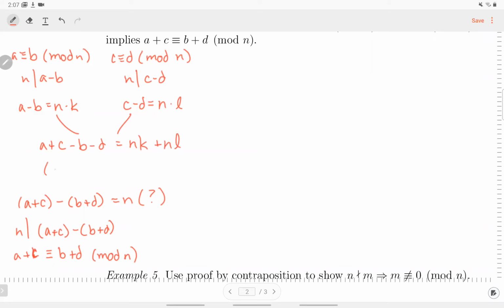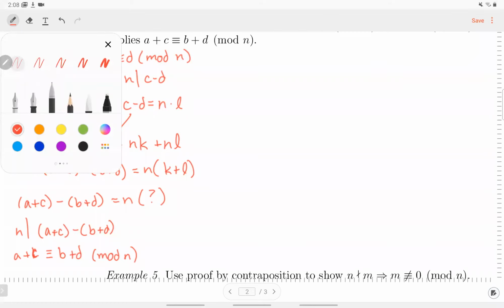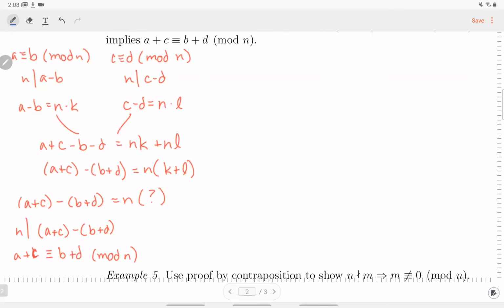Well, that is A plus C minus B plus D equals N times K plus L. And that's what we needed. So that's your scratch work. Then you pull out your nice clean paper that you're turning in for your homework and write up your proof.